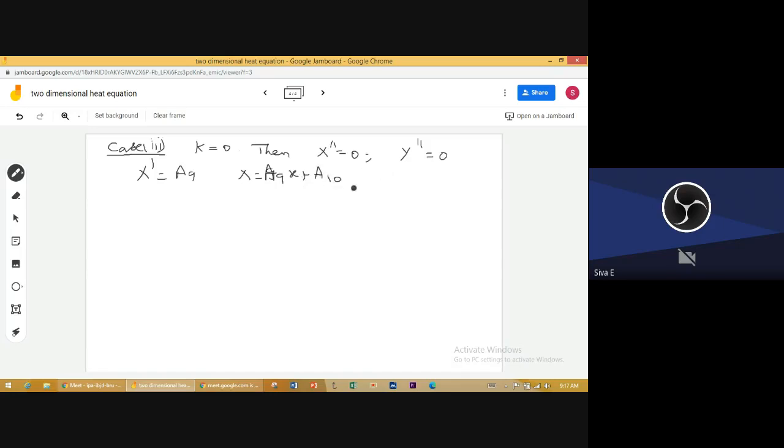Similarly y equal to a11y plus a12. So what is u of x comma y? U of x comma y equal to a9x plus a10 times a11y plus a12. This is the third possible solution.